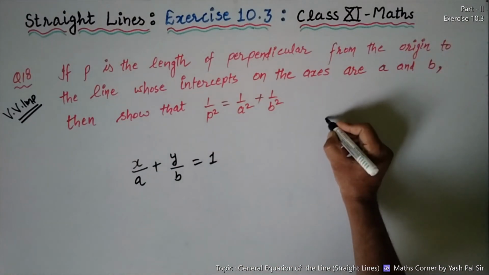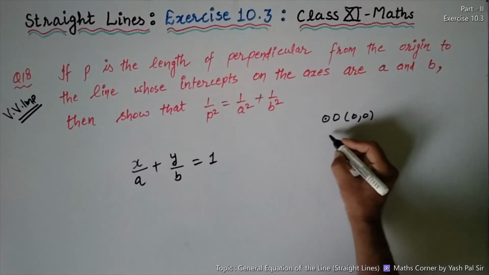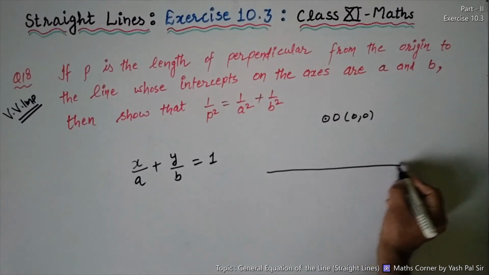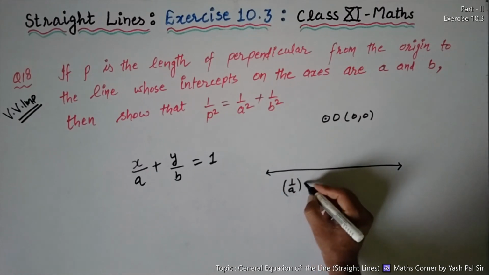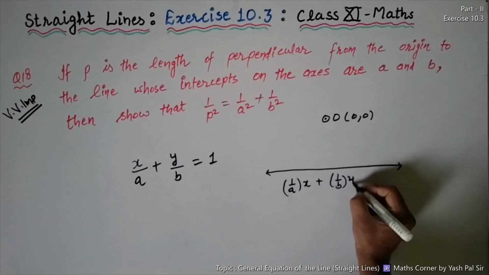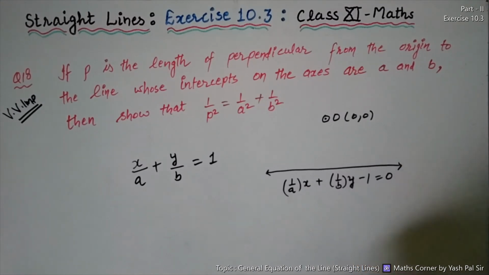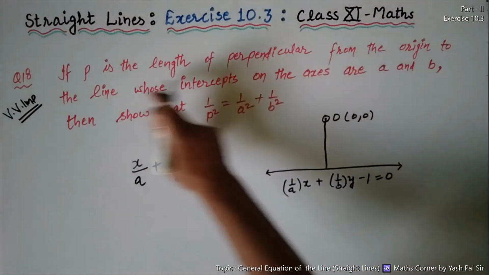Now the length from the origin. This is the origin O (0, 0) and this is the line. The equation of the line can be written like this: 1 upon A into x plus 1 upon B into y minus 1 is equal to 0, right? Now what is the perpendicular distance?